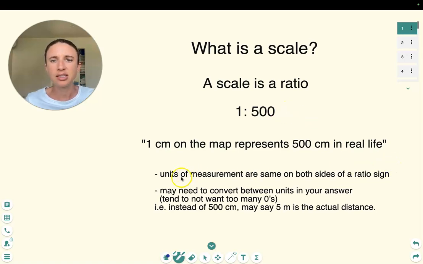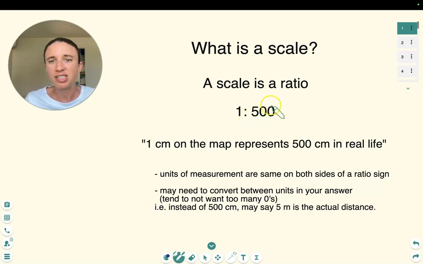So a couple of things. The units of measurement are the same on both sides of the ratio. So 1 centimeter is to 500 centimeters if there's no units mentioned. And you may need to convert between units in your answer because they don't want too many zeros in the answer usually.